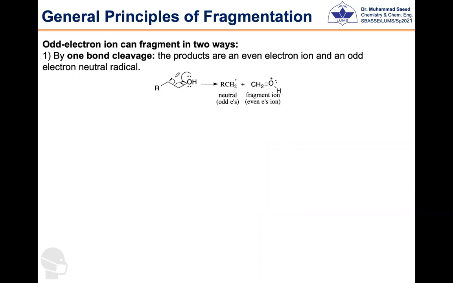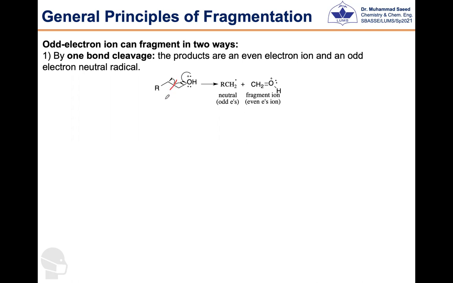In one electron cleavage, one bond is broken in the molecule and two species are generated. One species goes with the free radical with the single dot, and we call it a neutral radical system, and the other fragment goes with the positive charge. So that is our even electron system.